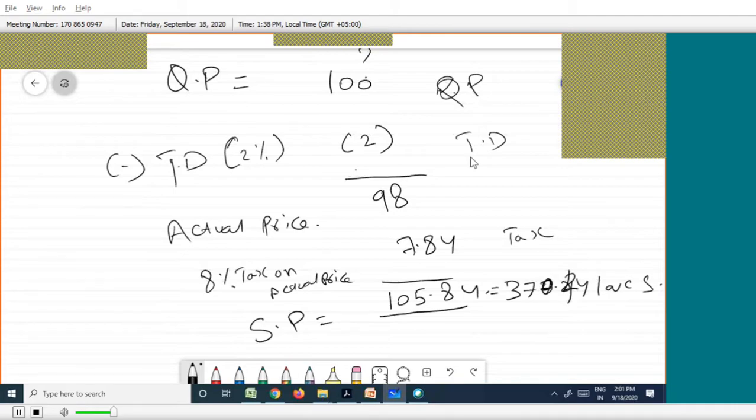You will get 350 lakhs. That is my quoted price. How to cross check that? I will do that now. So 350 lakhs is my quoted price.